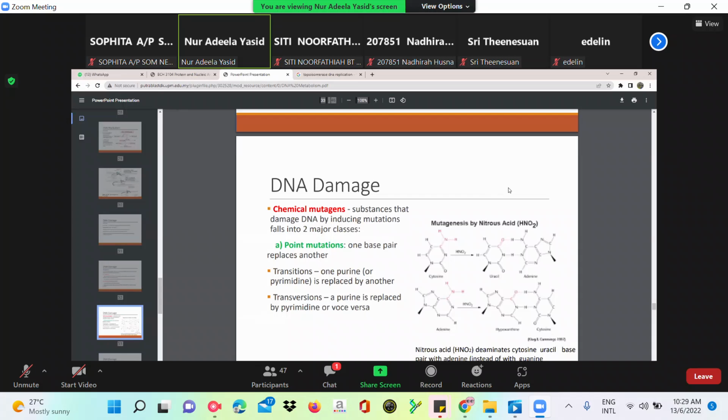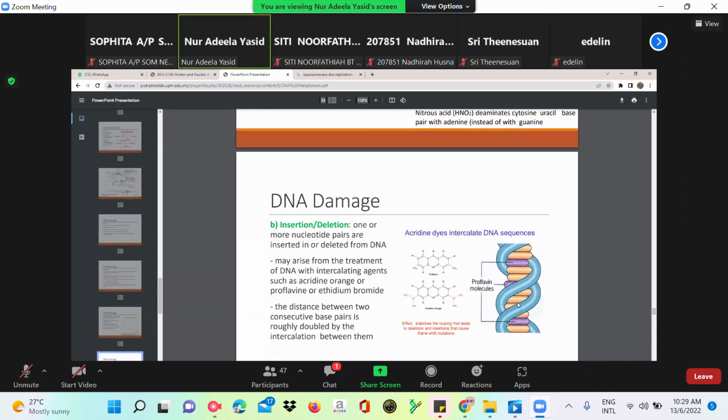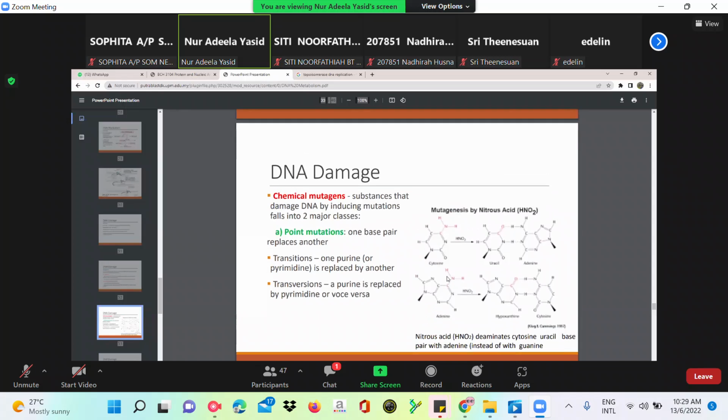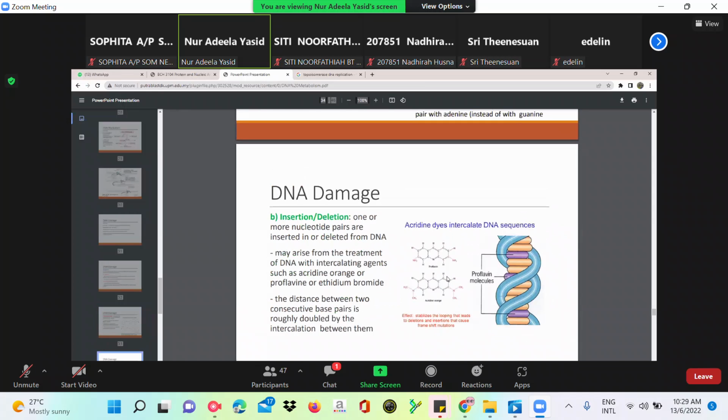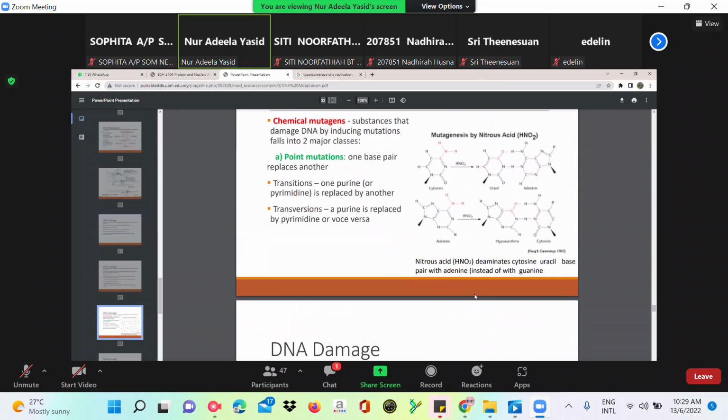But when mutagenesis occurs, this is what happens. Can you imagine what happens to the DNA sequence when there is no complementary base pairing? How can that specific sequence be translated into protein?